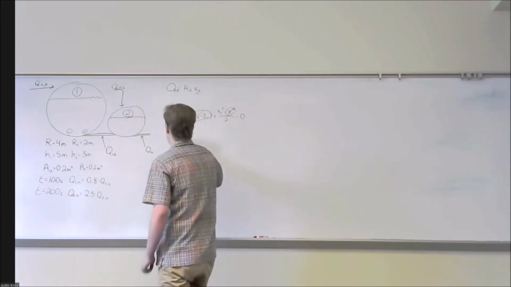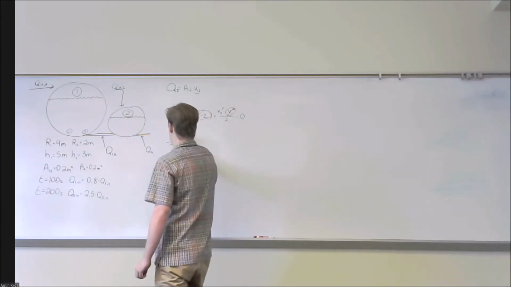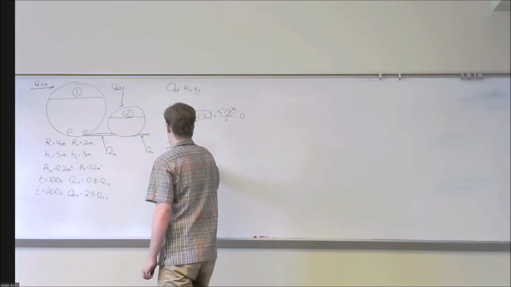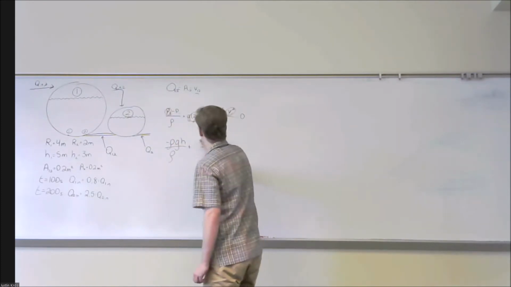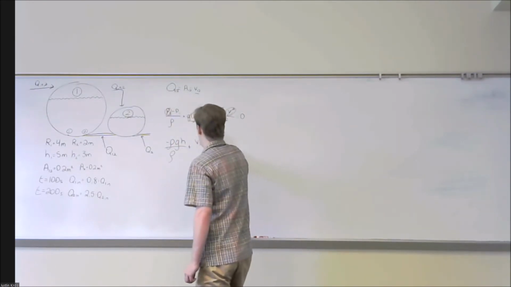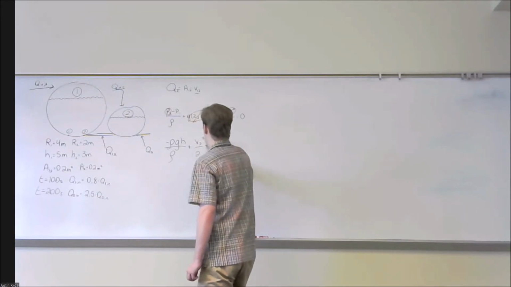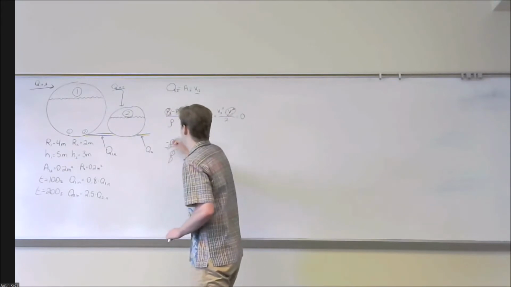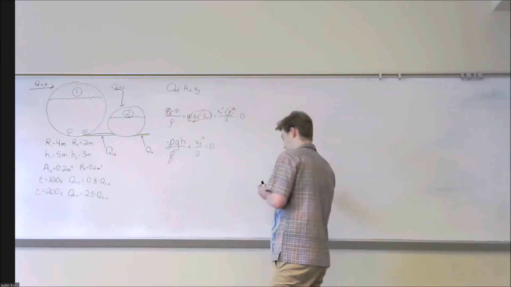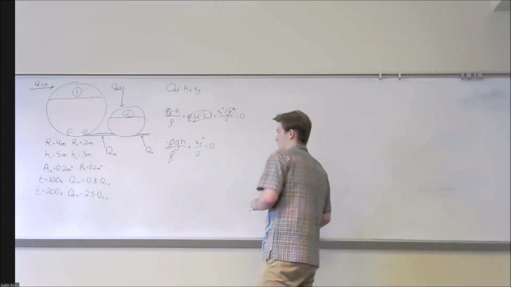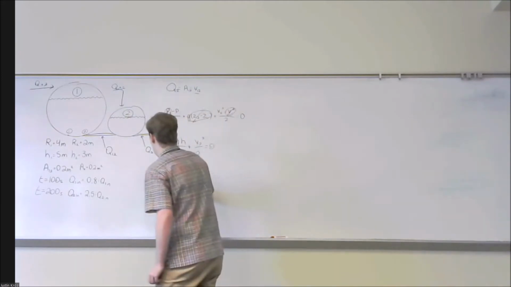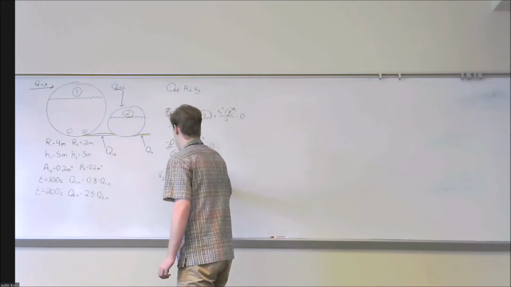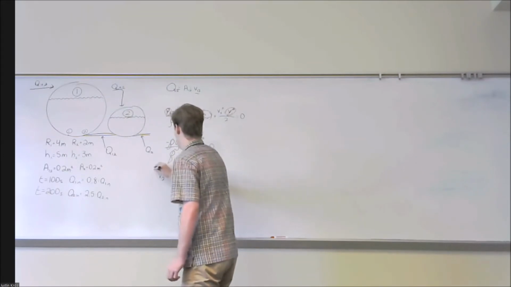We know what P1 is, so we'll say negative rho g h over rho plus V2 squared over 2 equals 0. And from here, it's just a matter of basic algebra, and we're left with solving for the velocity: V2 equals the square root of 2gh, just like that.